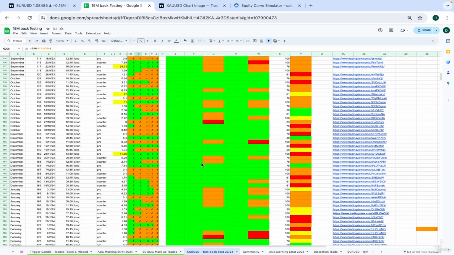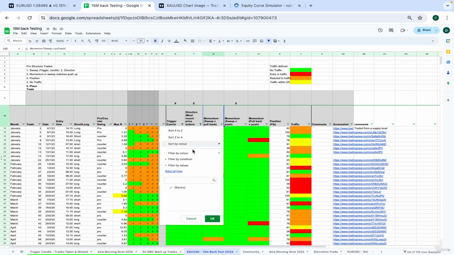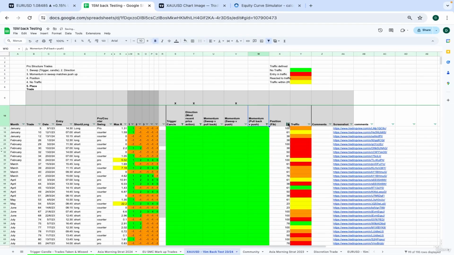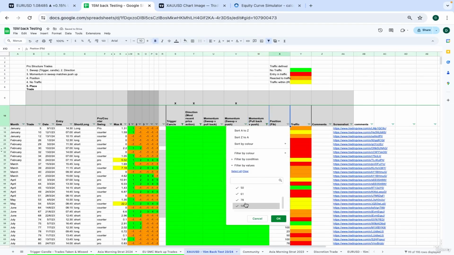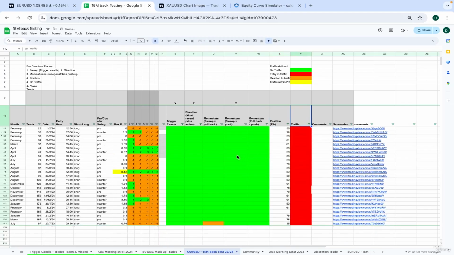And then you can start to say, right, okay, let's look at all the perfect trades. So all greens. And then let's get rid of anything that's retraced 100. Let's get rid of the 23s. Let's go back a second.